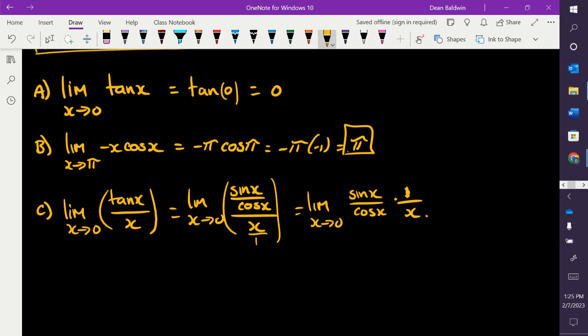But we now have limit properties that we just learned. So what I can do is rewrite this. Oh, well, that's a special limit, right? So let's rewrite it as this.